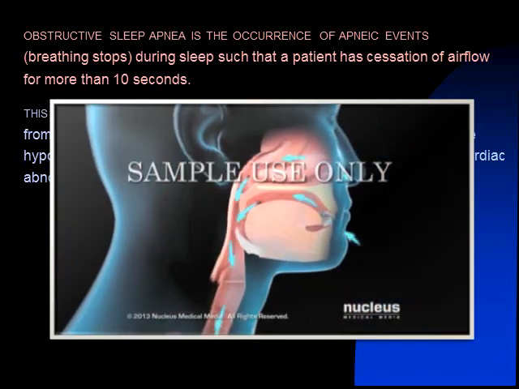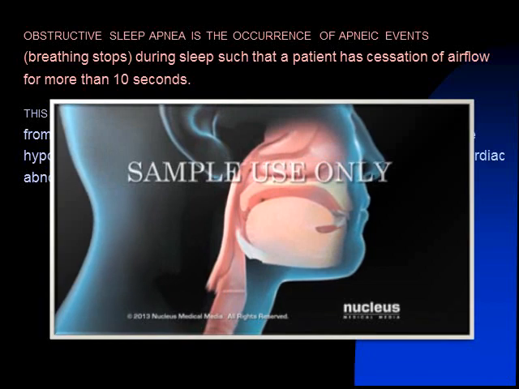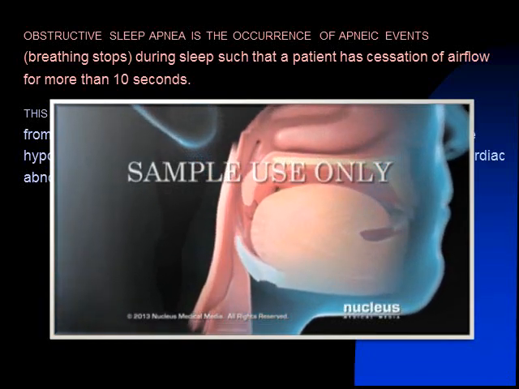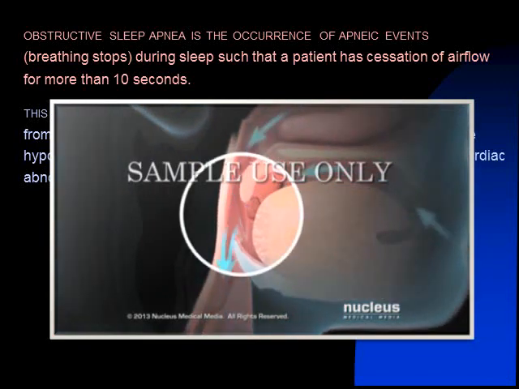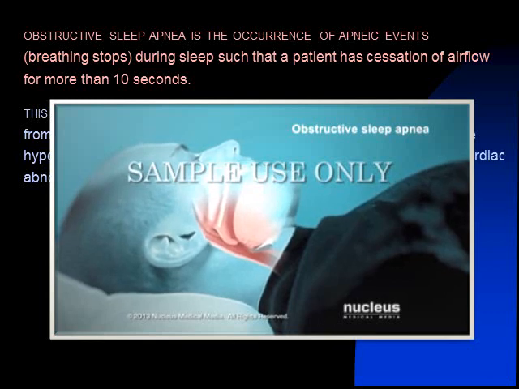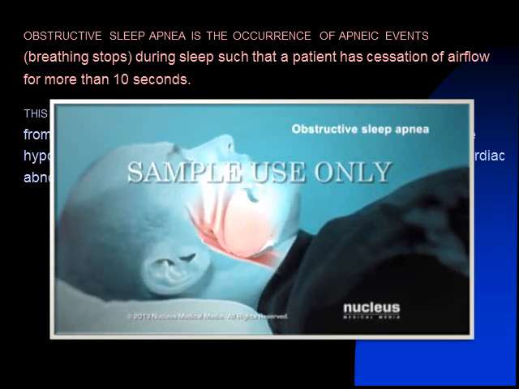Each time you breathe in, negative suction pressure pulls the soft tissues in your mouth and pharynx inward. The muscles in your pharynx respond by pulling, the lack of oxygen in your lungs wakes you up. You may gasp for air.